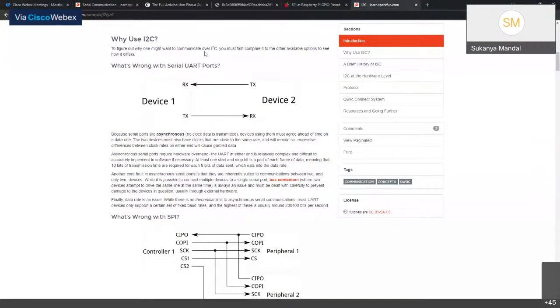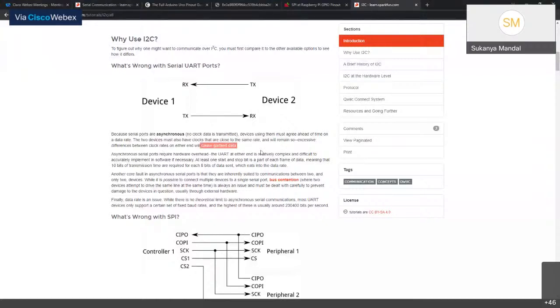The two devices must also have clocks that are close to the same rate, because excessive difference between the clock rates on either end will cause garbled data.